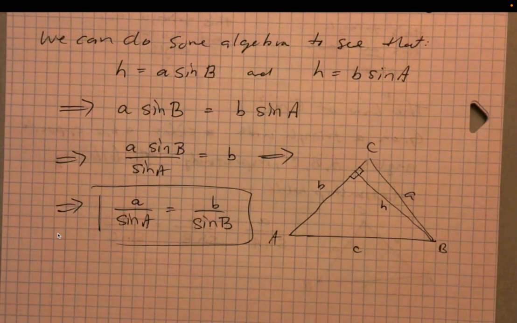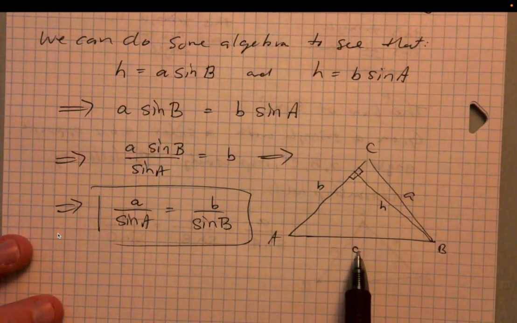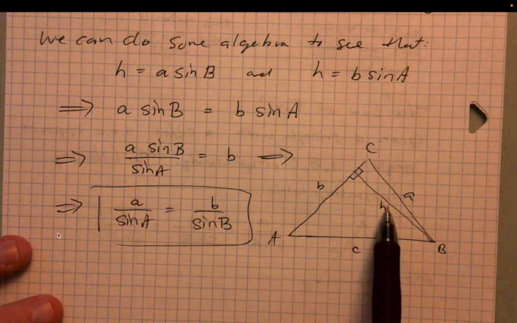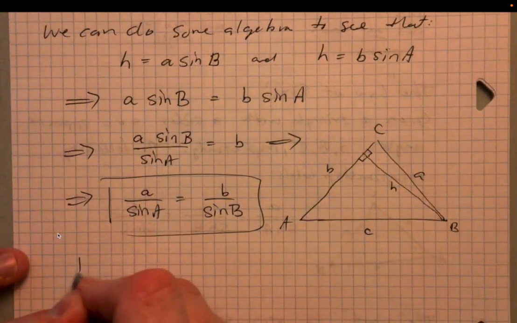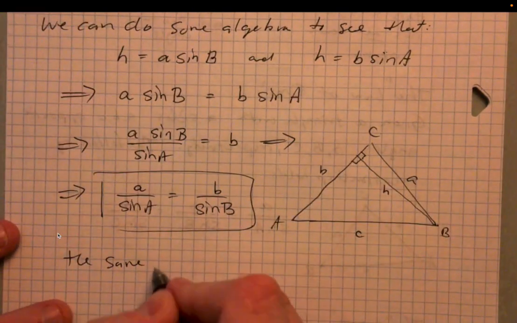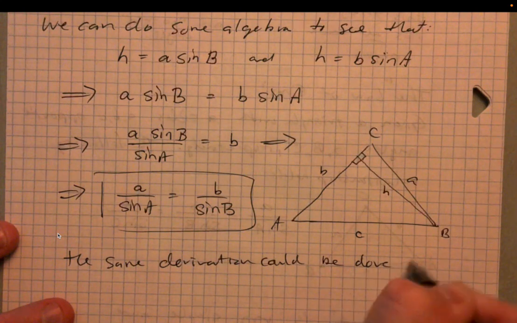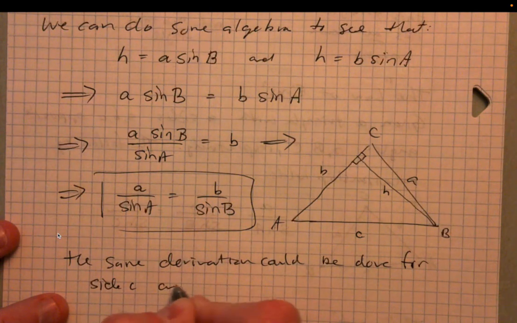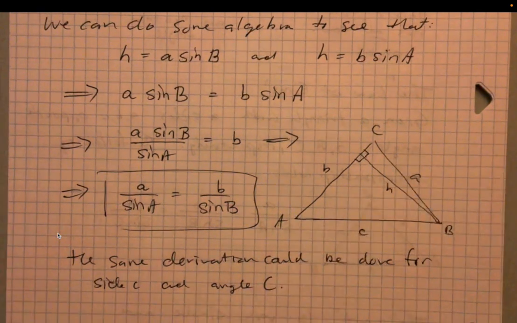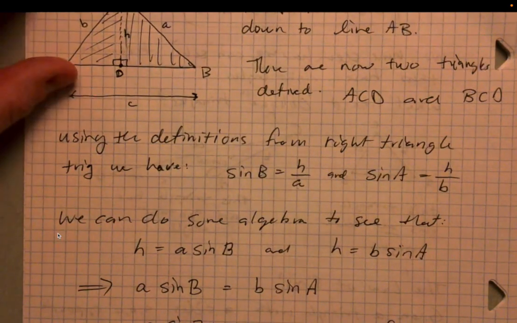Then I could set up a similar scenario with sine of A equals h over c, and sine of C equals h over a. And I could do the exact same thing, so the same derivation could be done for side C and angle C. And so you can see how you could do this. So this is the law of sines, and this is why the law of sines works.